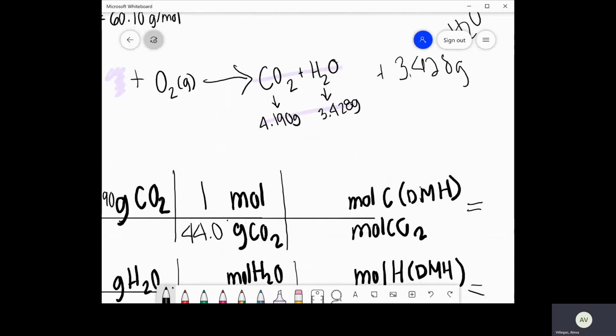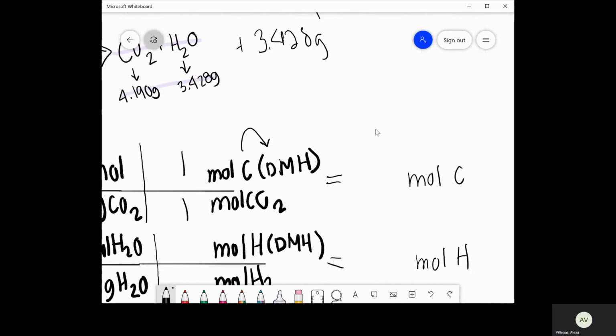And you also know that for every 1 mole of CO2, there is 1 mole of carbon somewhere in your product. And converted, you will have 0.05. Those are your moles of carbon.